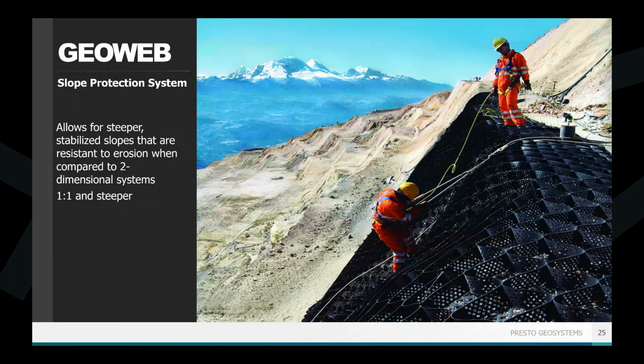Roadways and drive access is great, and it's definitely a great benefit from the GEOWEB system. But what we're really talking about today is how it can help with dams and other hydraulic structures with the erosion control benefits on the slopes, both wet and dry slopes.